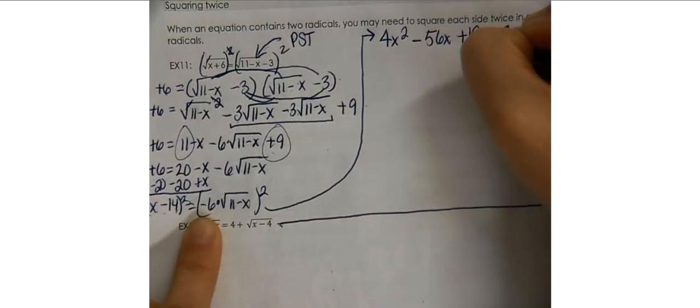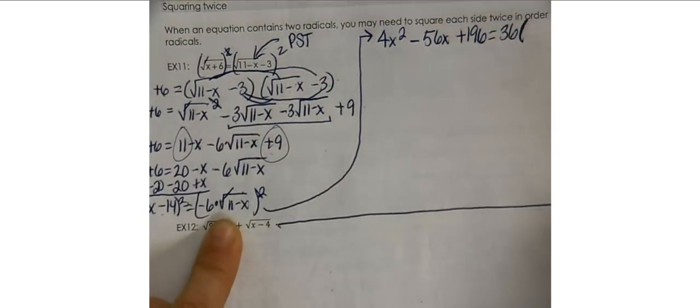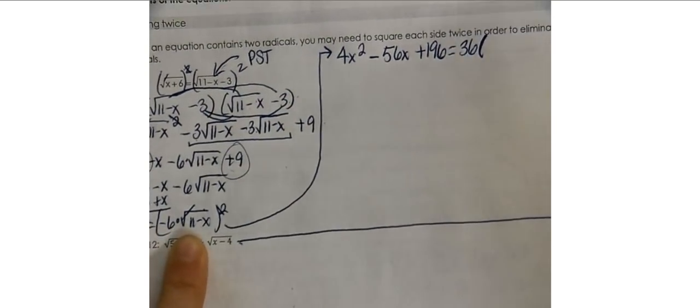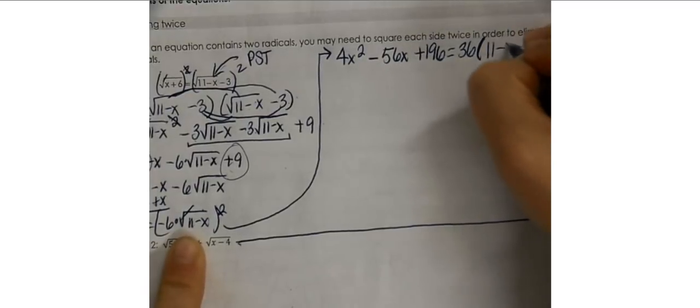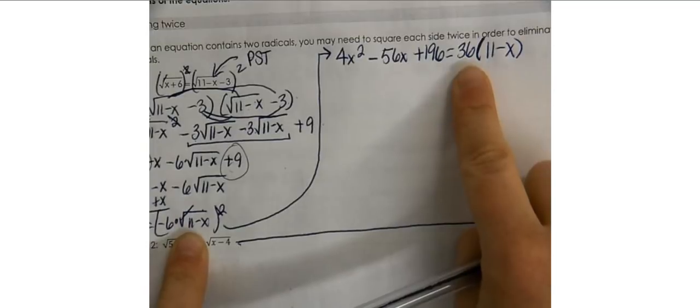Negative 6 squared, that's 36. And the square root of 11 minus x, the square eliminates the square root, leaving me with times, and you have to put that into parentheses, 11 minus x, because that didn't eliminate the multiplication. So you have to be very careful.